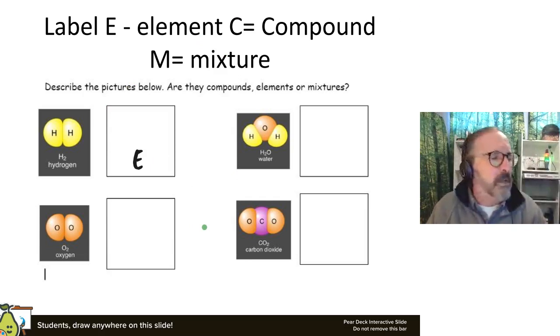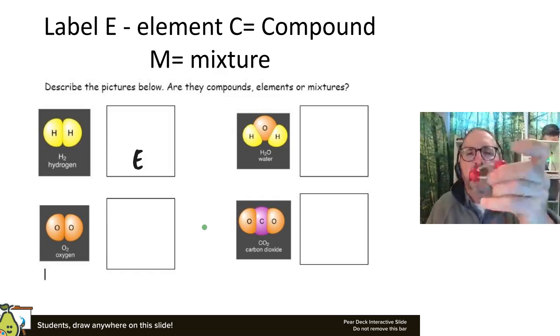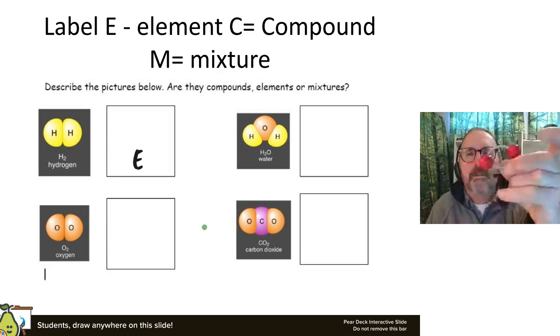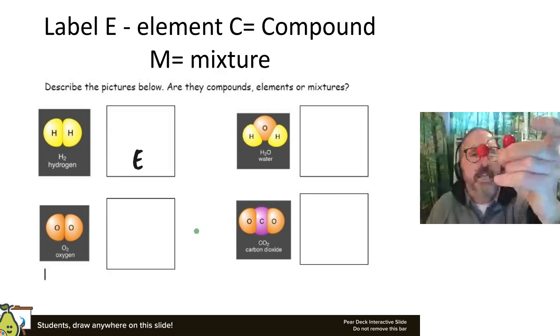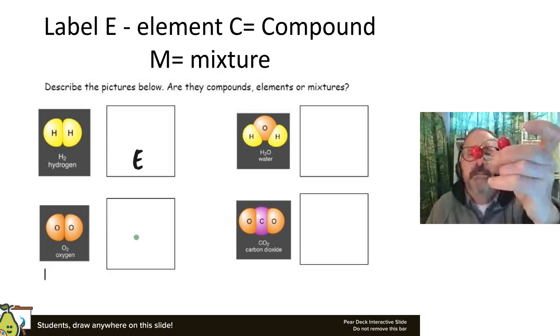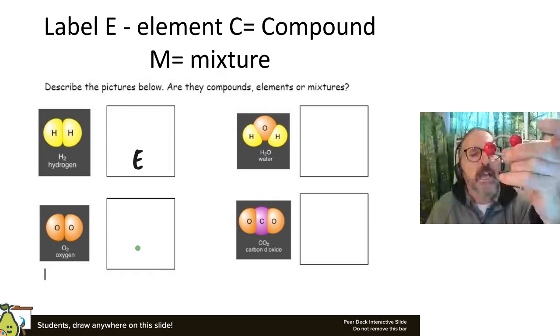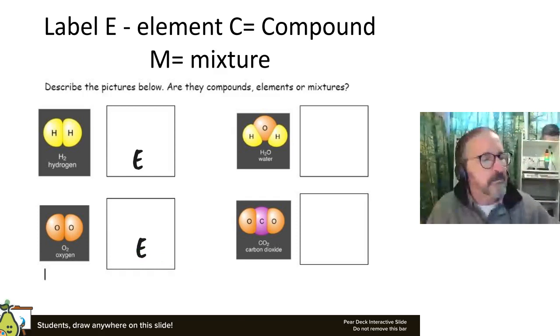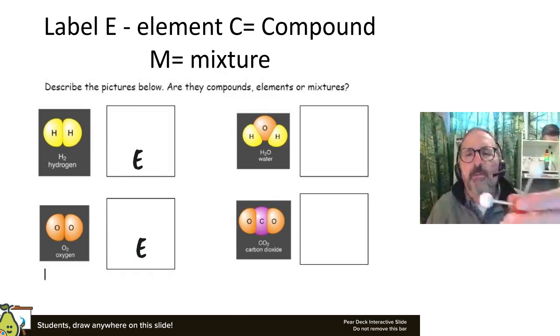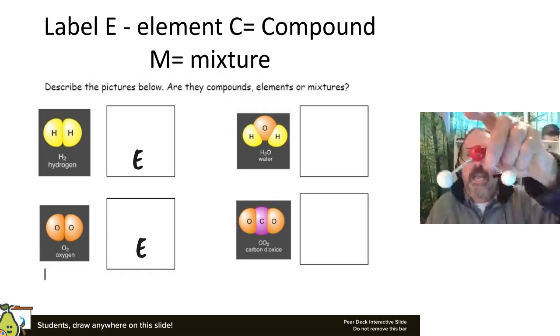Anybody want to pick out another molecule in here? This one looks like this one right here. There's another molecule. Anybody want to pick out another molecule in there? Put the letter E for element. Looks like you got it right, Kamaya. Go ahead. Nobody else is saying they want to do it. I appreciate you doing that. Okay, how about this one? Anybody want to do this one? This is H2O.